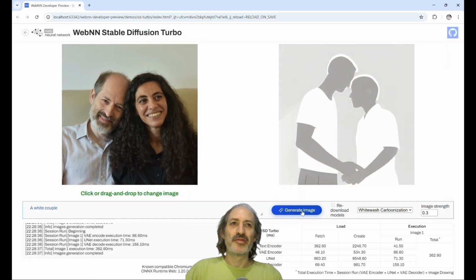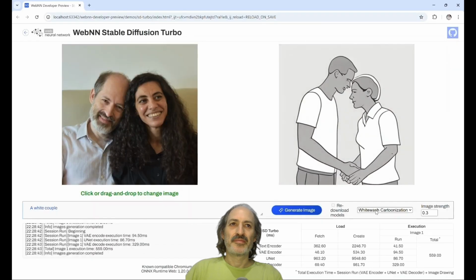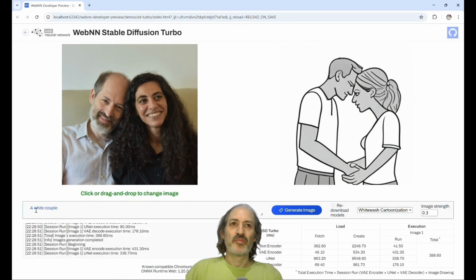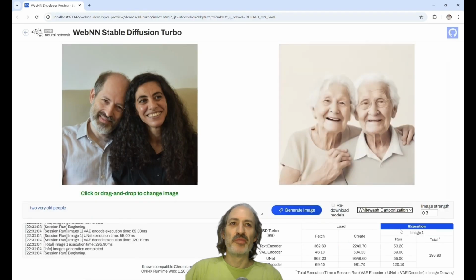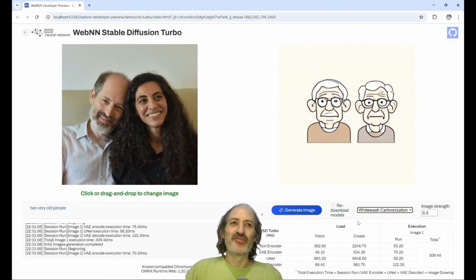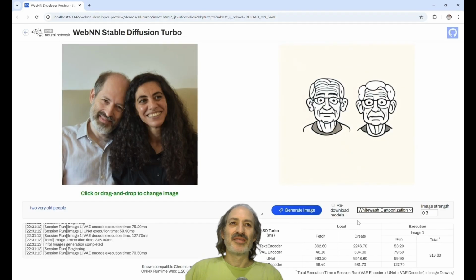Hands holding, moving closer maybe. Here I change the prompt to two very old people. So they have all these wrinkles, and the wrinkles are wonderful to turn into lines for the sketch.